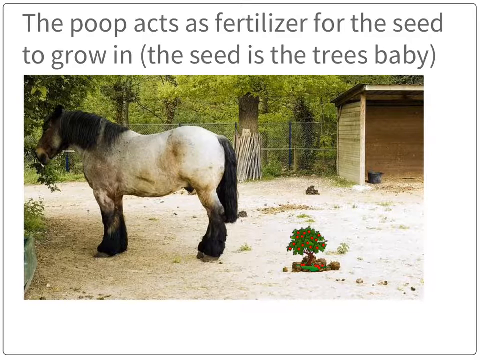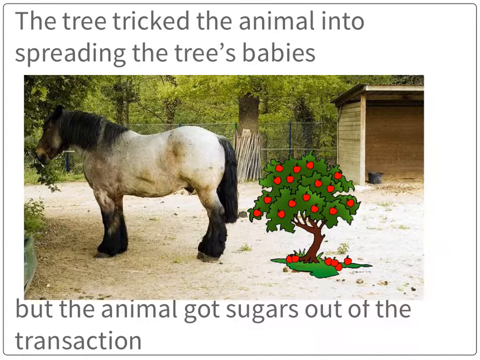Now the seed is far away in a pile of manure, which is nutrients, and the seed can grow into a strong new tree. So essentially the tree has tricked the animal into spreading the tree's babies, aka the seeds, but this wasn't that bad of a deal for the animal either, because it got sugars out of the transaction. So hopefully that boggled your mind a little bit, that the real reason why plants make fruits is not to feed you, but so you can spread their seeds.